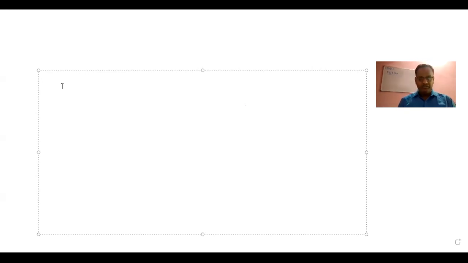Let me do some initial settings of the page. Now, see students, what is the question? This is regarding the calculation of the average speed. So we will write the question first.